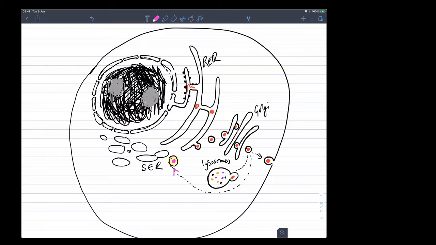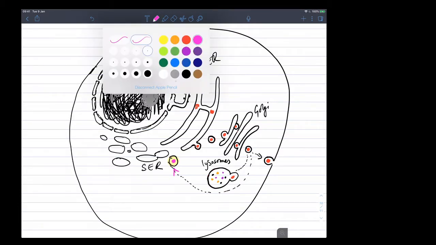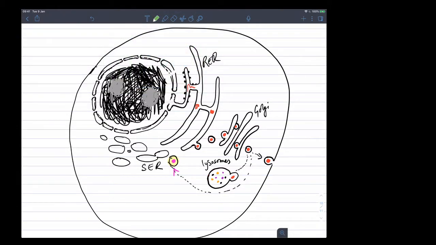Now, while all this is going on, and I guess we should have talked about it while we were discussing the protein synthesis machinery, the thing that allows these vesicles to be transported from one place to another is the cytoskeleton. So the cytoskeleton is these proteins that form filaments through the cell, forming a network of fibers upon which the vesicles can be transported from one place to another.